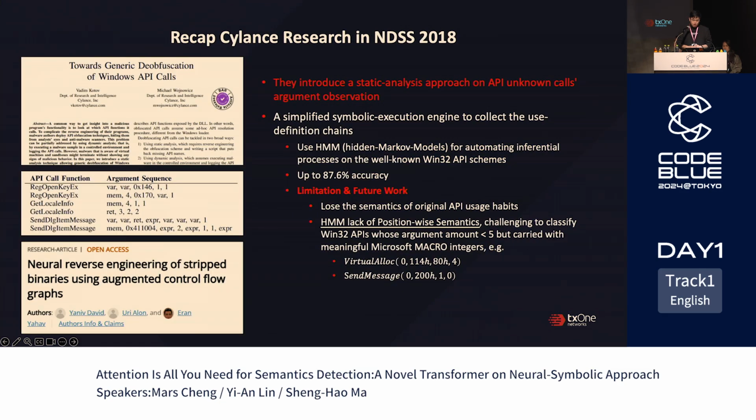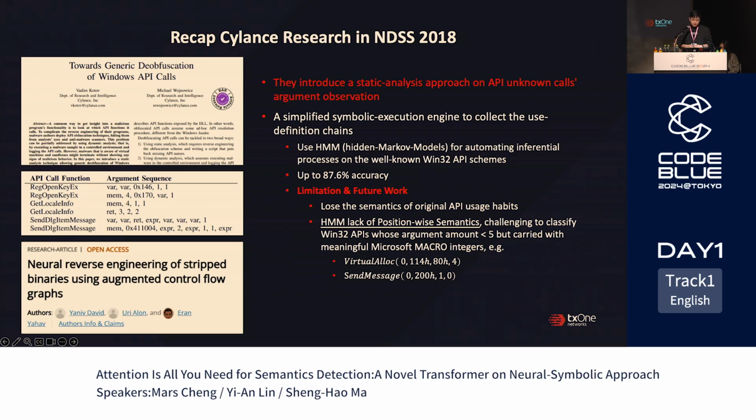And of course, we examined various past papers in our research. For instance, NDSS 2018 analyzed unknown API identification through static analysis methods, achieving quite high accuracy. However, the hidden Markov model they use lacks precision-wise semantics. This limitation can create an issue when making associations between different unknown APIs.